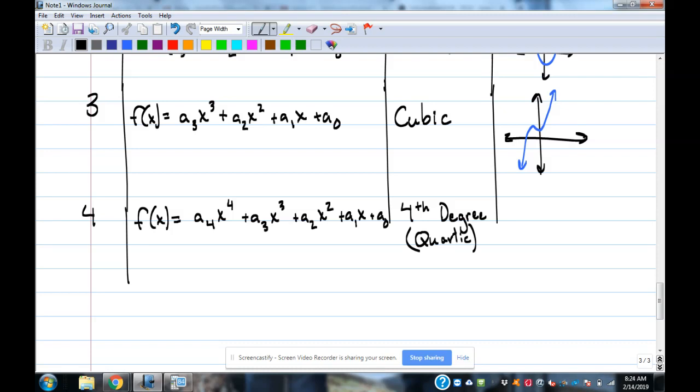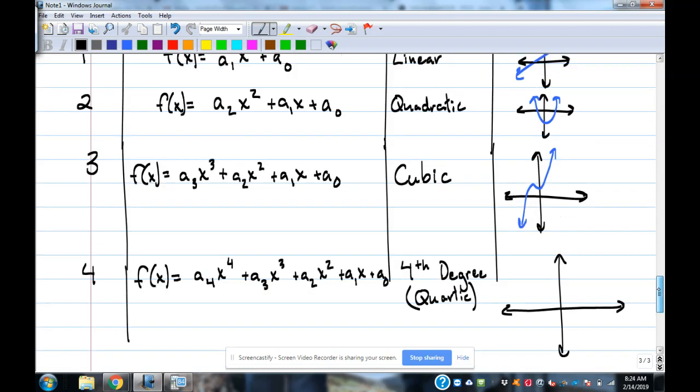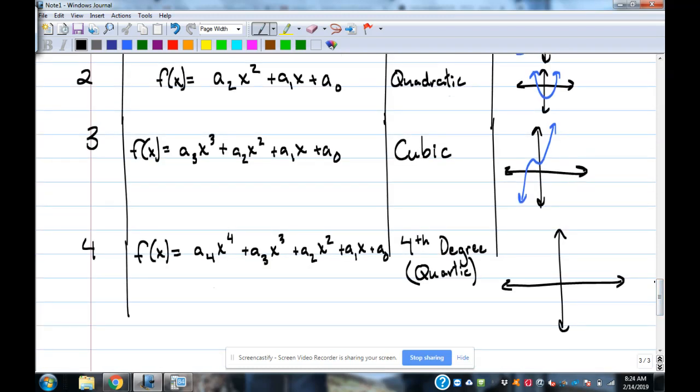So the graph of that, again, it's an even degree, so it's similar to a parabola in that the ends are going to go in the same direction. If the leading coefficient a sub 4 here is positive, they're both going to go up. If it's negative, they're both going to go down. The difference would be the number and size of the changes in direction in between the ends.